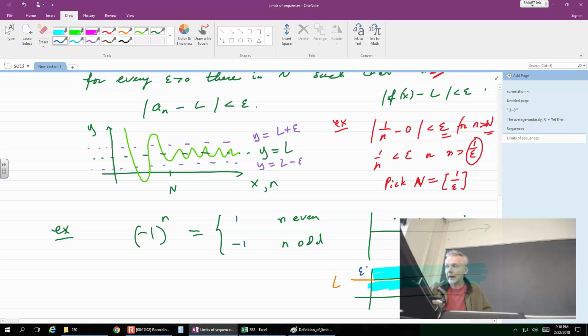If I pick epsilon equal to, say, 1/2, there is no way we're going to fit our sequence in a band of width which is only 1. It oscillates between negative 1 and 1, so the swing is 2. So it's not going to fit into a band that is any smaller than that. So there's no limit, and the word that we use, just like in calculus 1, is the sequence diverges.